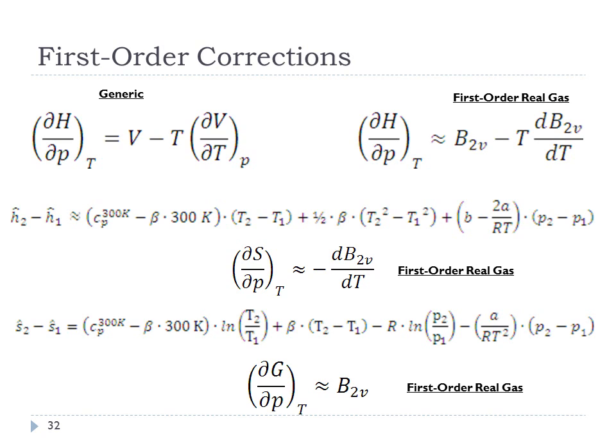For the enthalpy, the generic equation is that the change in the enthalpy as a function of pressure at constant temperature looks like the volume minus the temperature times the change in volume with respect to temperature at constant pressure. For the first order real gas approximation, that looks like B2V minus the temperature times the derivative of B2V with respect to temperature.